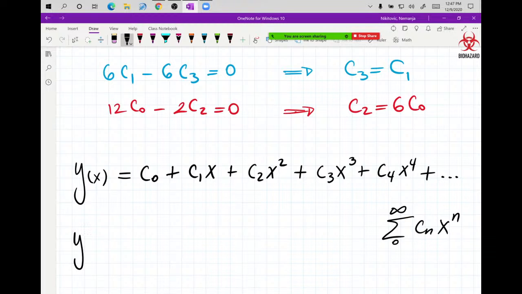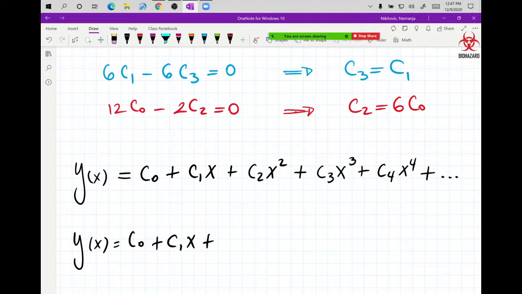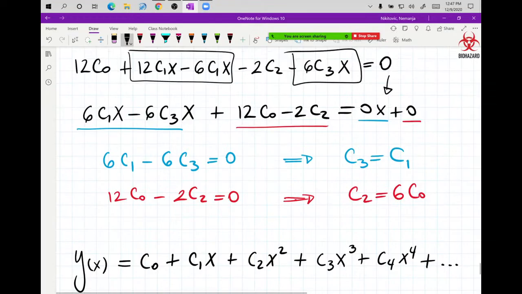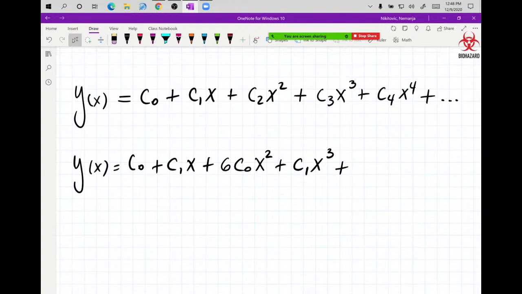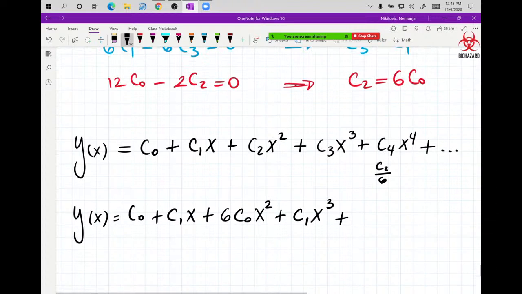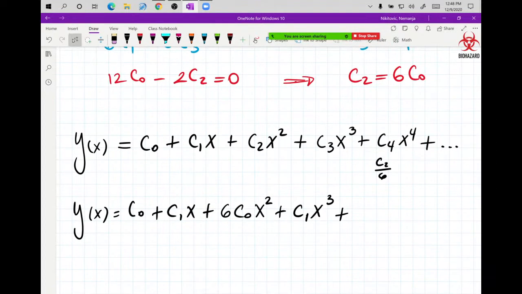So now y of x is c0 plus c1x plus, instead of c2 I have 6c0, and that's x squared, plus c3 is just c1 x cubed, plus, you remember that we had c4 up there, which is c2 over 6, but then c2 is 6c0, and then this is just c0 x to the fourth.